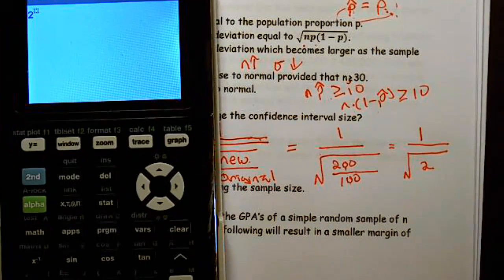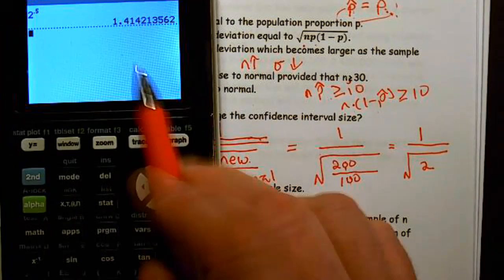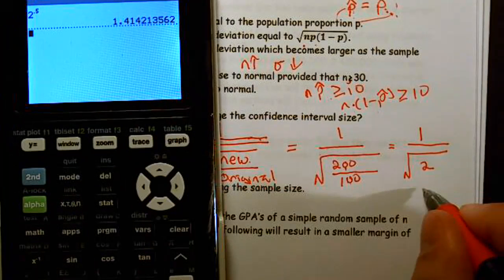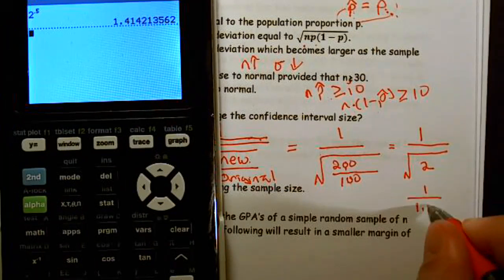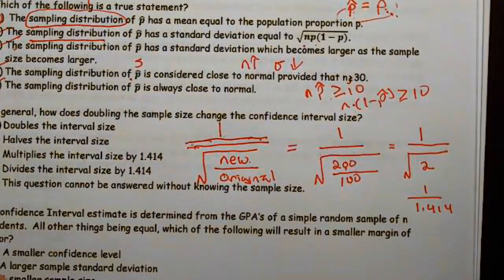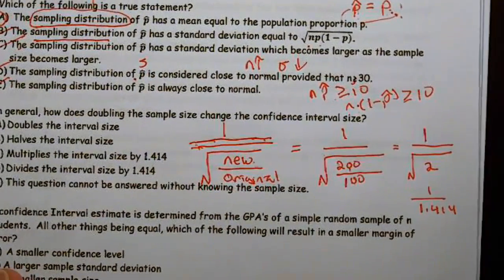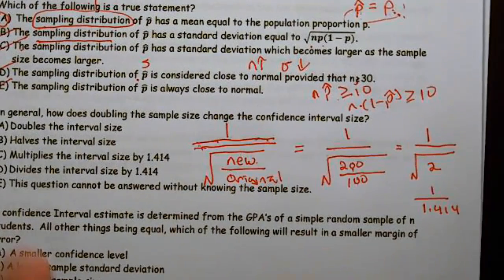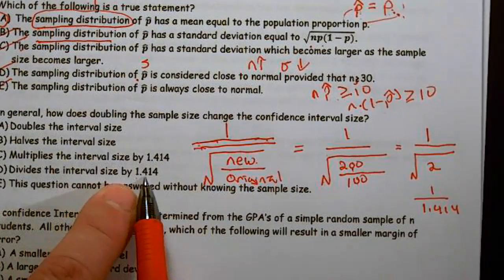I always do caret to the half power. So 1.414. So this is 1 divided by 1.414. So basically, if I double my sample size, I divide my interval by 1.414.